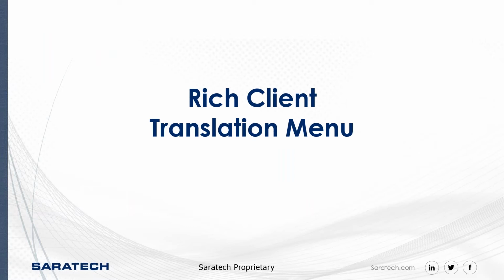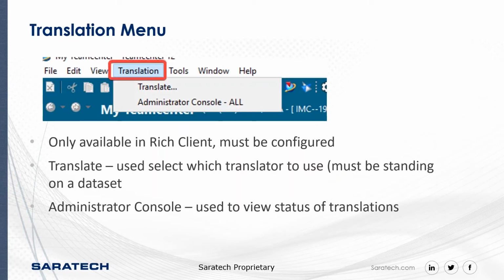So let's get into the examples of translation within the rich client on the translation menu. So this is the quick and dirty on translation once the administration has set this availability up. This manual translation capability is only available within the rich client. Don't worry, Active Workspace or other interface users, we will get to your capabilities in just a jiff.